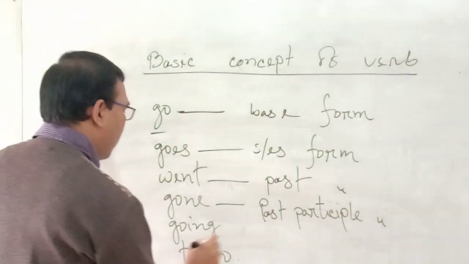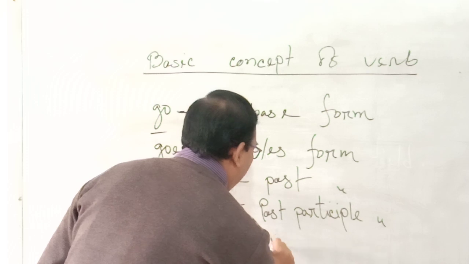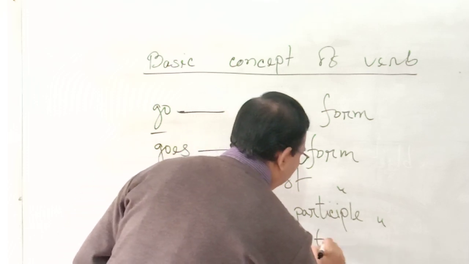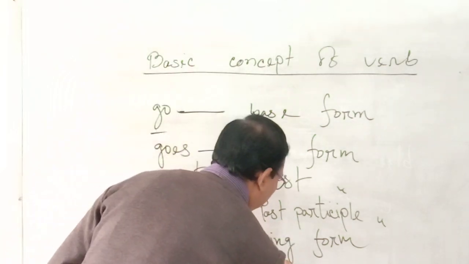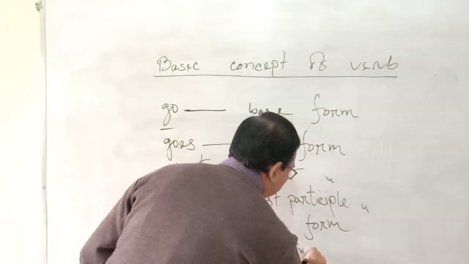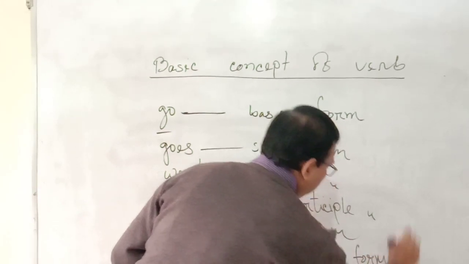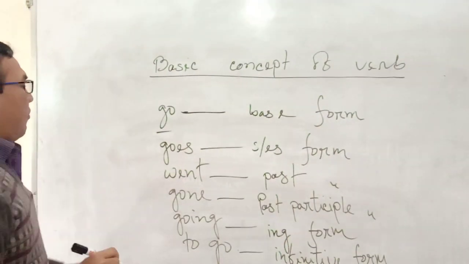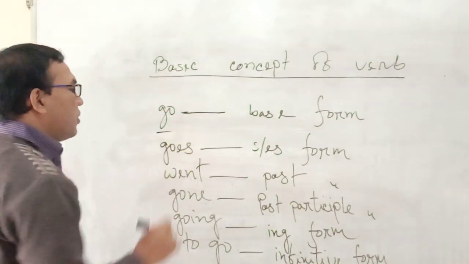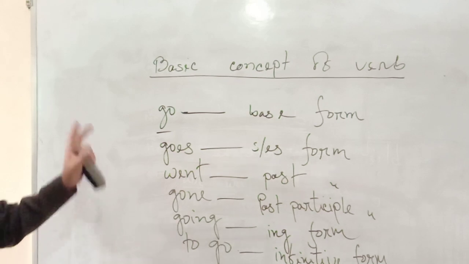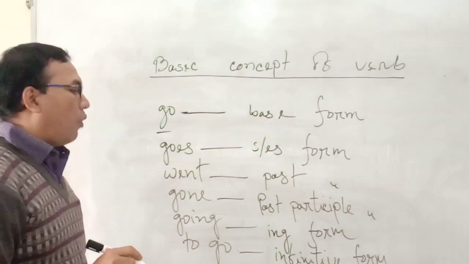Going, now we can say just the ing form. And to go, this is infinitive form. Among these forms, some forms are used as finite verbs and some forms are used as non-finite forms.